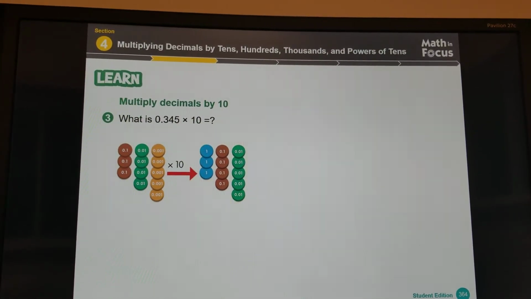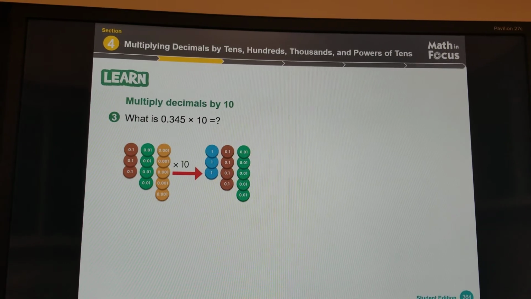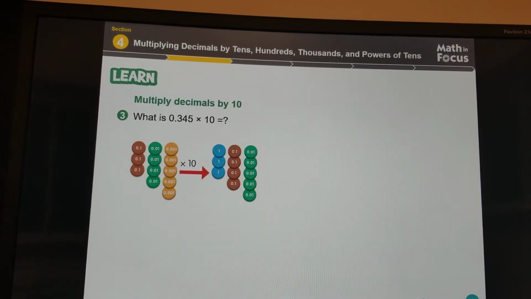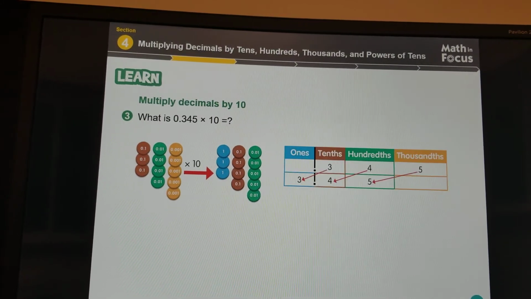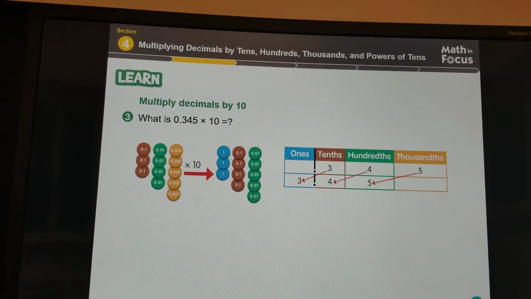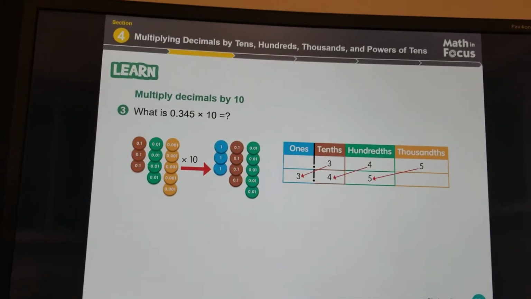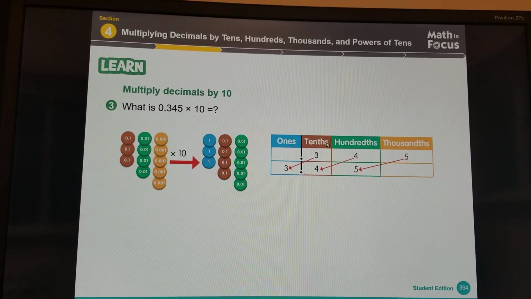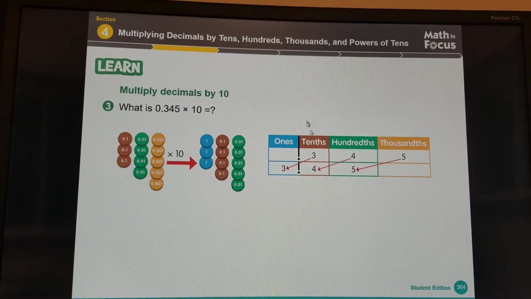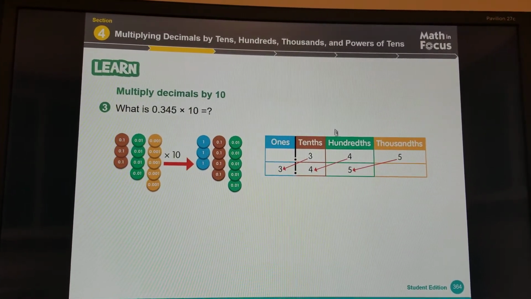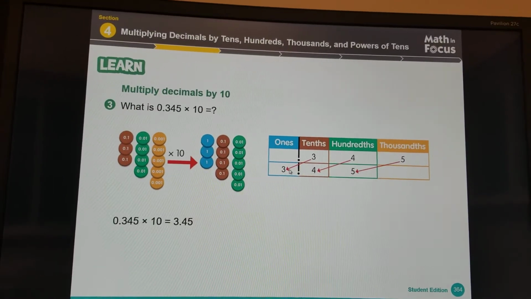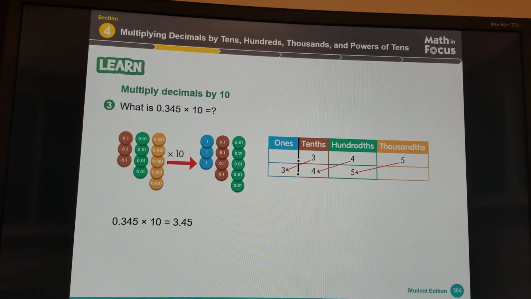I have 3/10, 4/100, 5/1000. I multiply each of those by 10. I'll have 3 wholes, 4/10, and 5/100. So I like this place value chart because it's just showing you that we're moving over once on the decimal place, right? It's times 10, and we've moved over once on the decimal place. Times 10, and everything's moved over once. Okay? That's the answer.